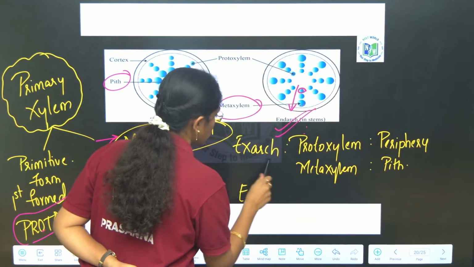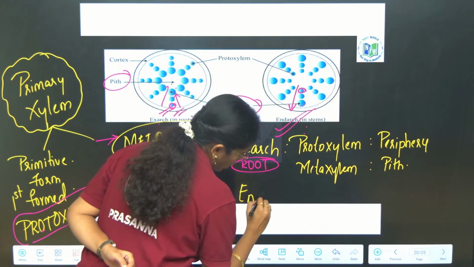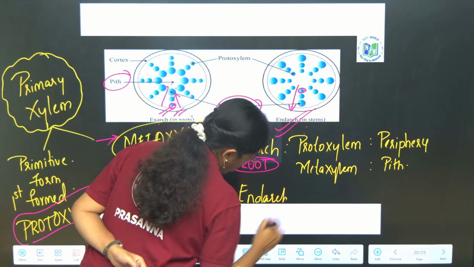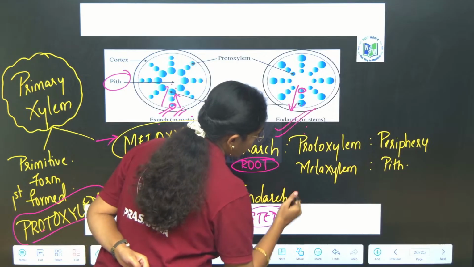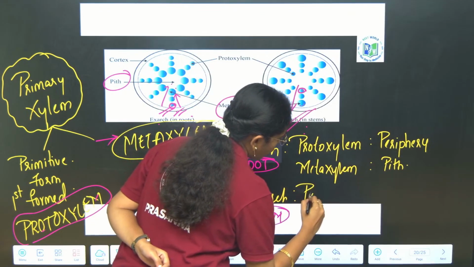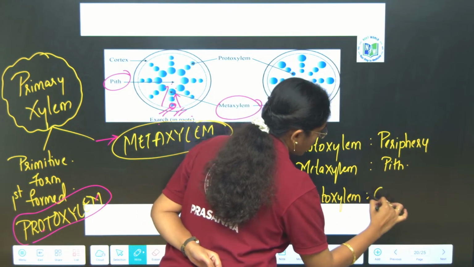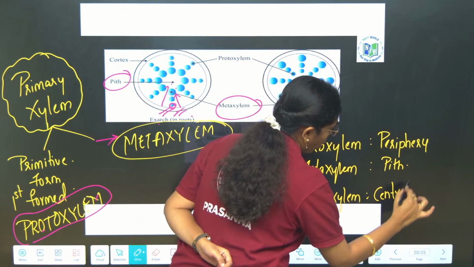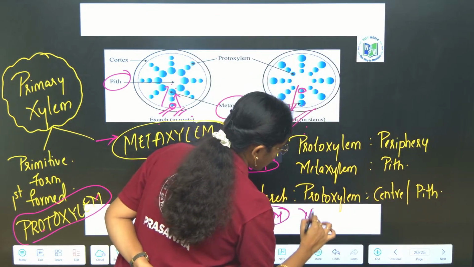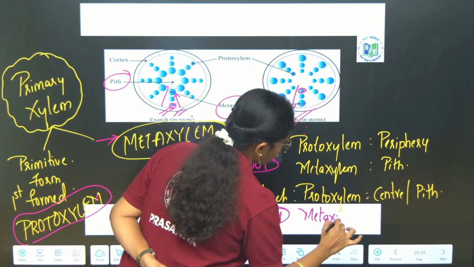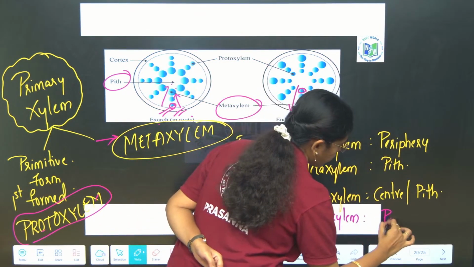This is seen in roots. The endarch condition is observed in stem, where protoxylem is towards the center or pith, and metaxylem is towards the periphery.